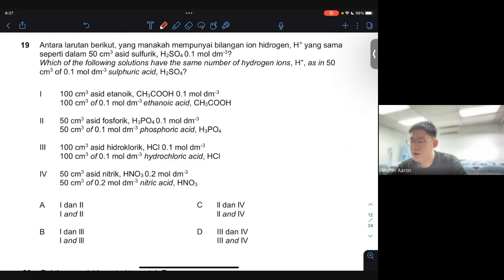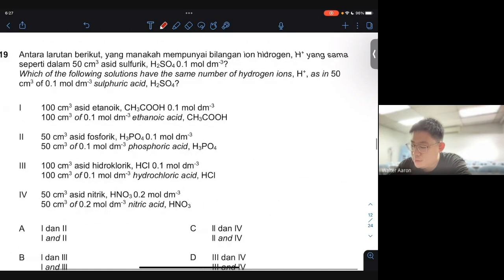as in 50 cm cube of 0.1 mole per dm cube of sulfuric acid? Now, the concentration of sulfuric acid, you must understand that sulfuric acid is a diprotic acid.